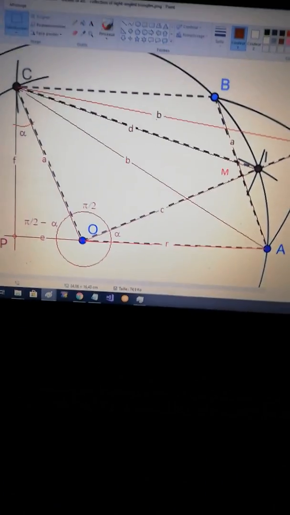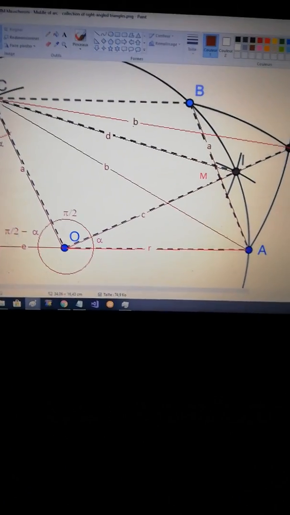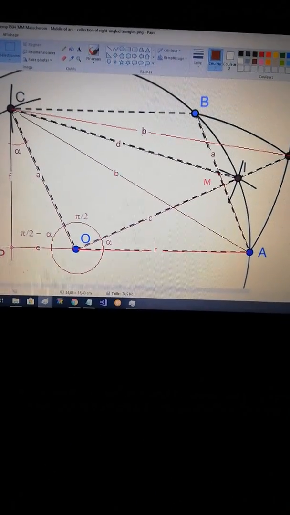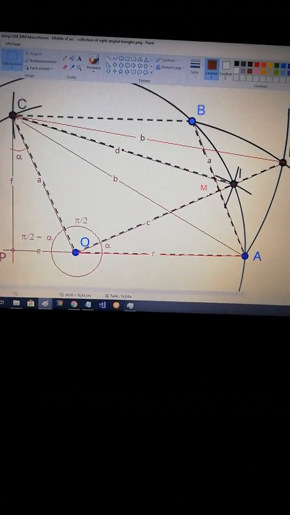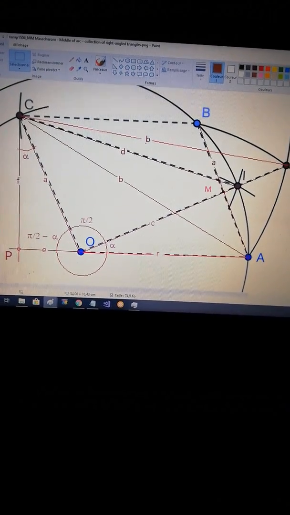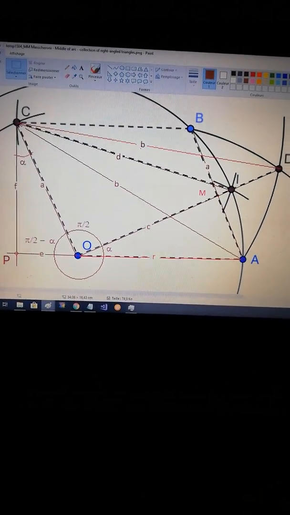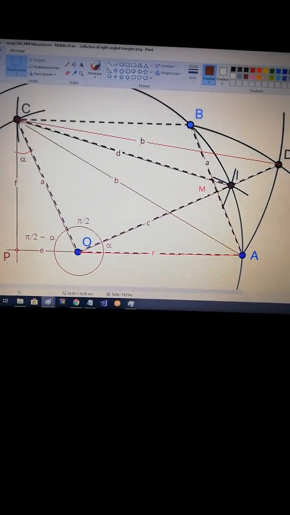Good. And you see that I have also set up letters for distances, small letters for distances, and I use capitals for points. That makes it a bit more logical to understand.